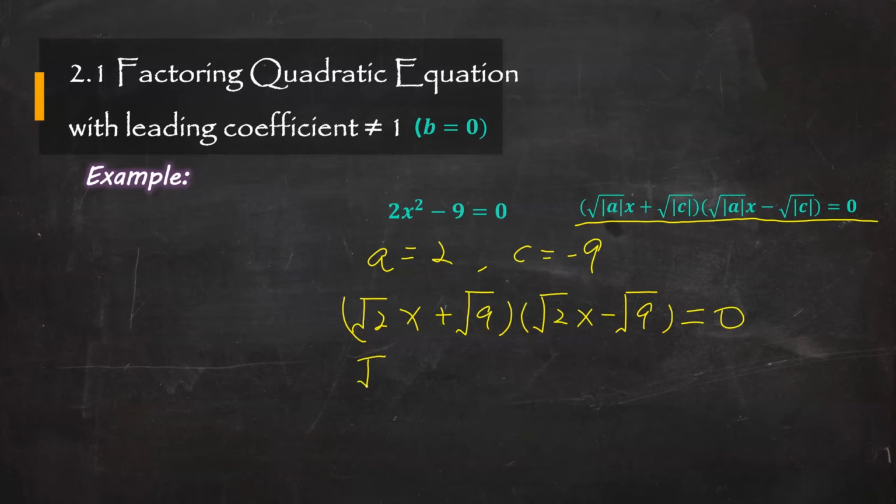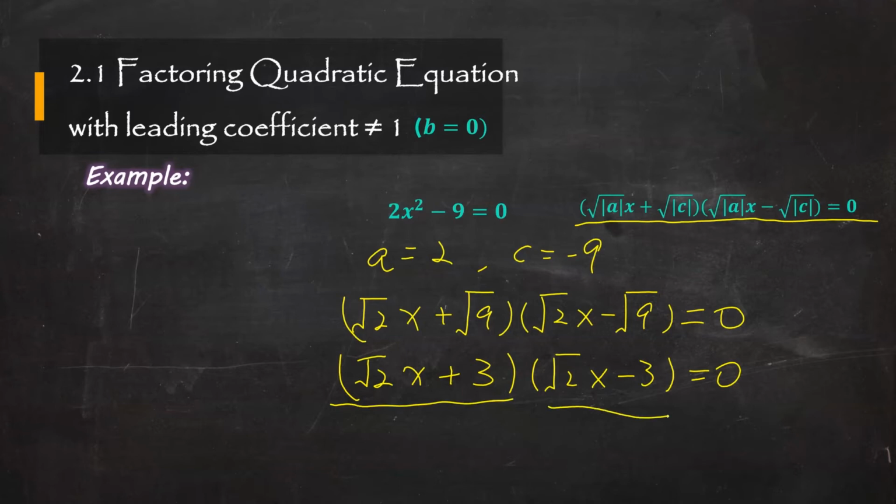Then we simplify it: square root of 2 times x plus 3, times square root of 2 times x minus 3, equals 0.